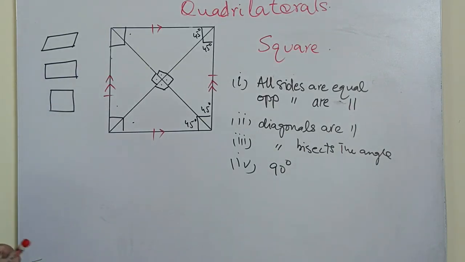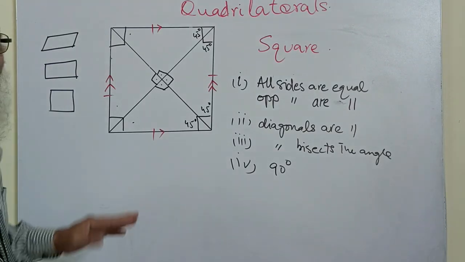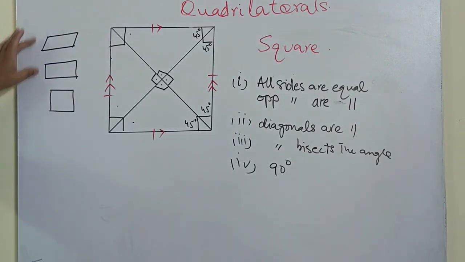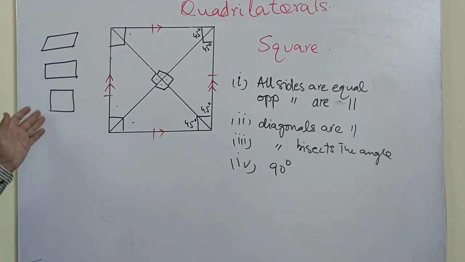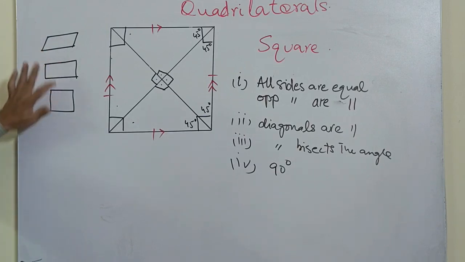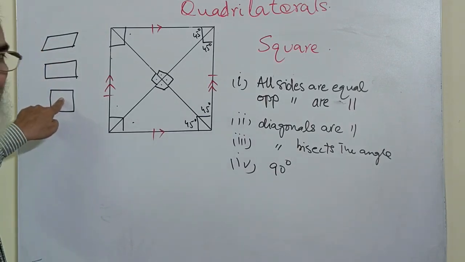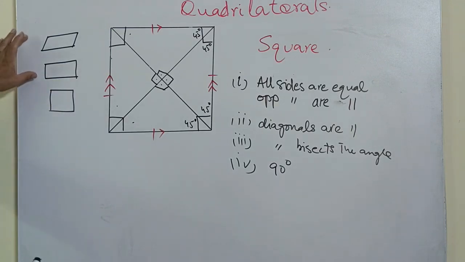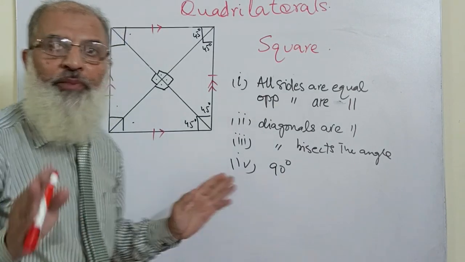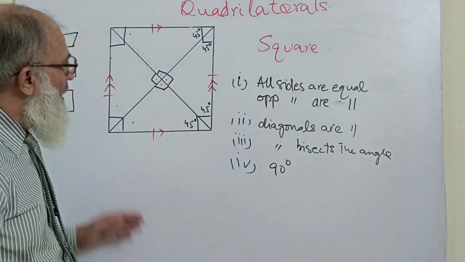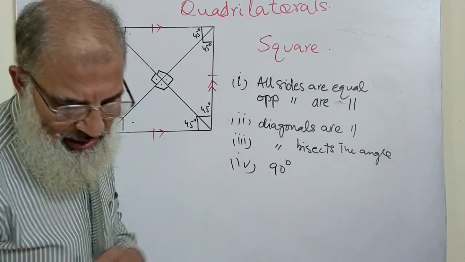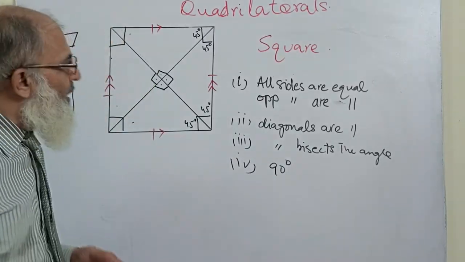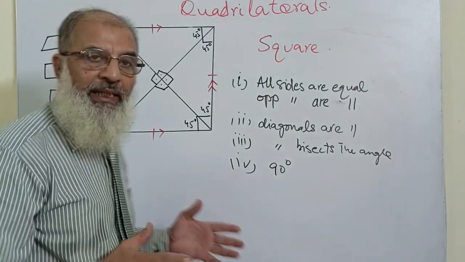All three carry the same properties, but we have differentiated them due to their additional, unique properties. I think I have discussed a lot on these three shapes. Now let me proceed to the next shape.